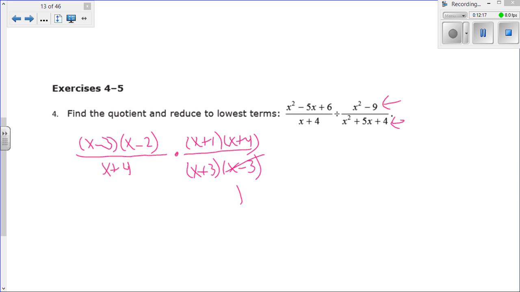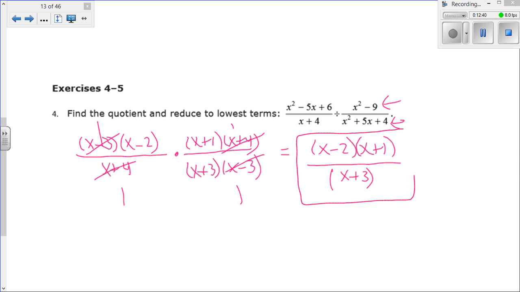So my x minus 3's cancel, and my x plus 4's cancel, and nothing else cancels, so I have x minus 2, x plus 1 over x plus 3. I don't have to put that in parentheses if I don't want to, but some of you will continue to do that because that's how it was in the problem, and that is fine.